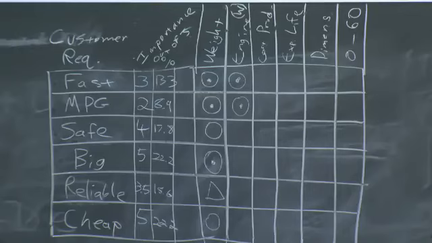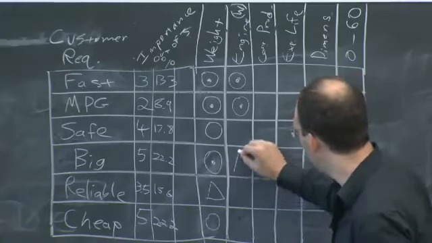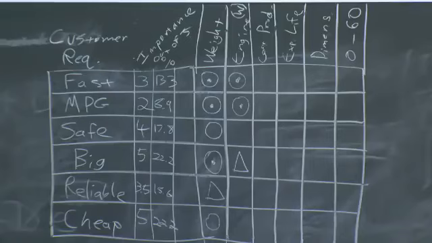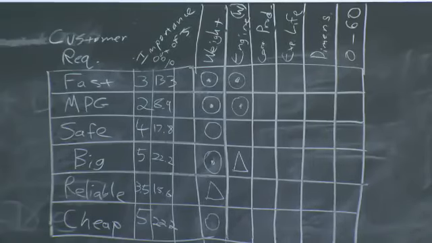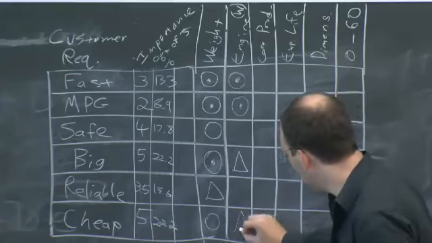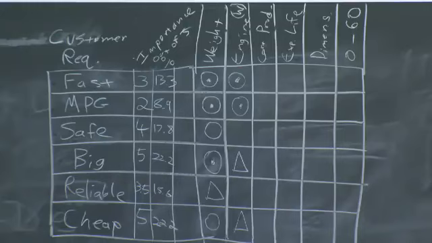Okay. It's a small part of the car. Okay, so do you want to say medium or weak? Weak. Okay, so we'll say weak. Engine size and reliability. I'll go with none too. Engine size and cheap. Yeah, it's a big component of the car, but it's only one component of the car.